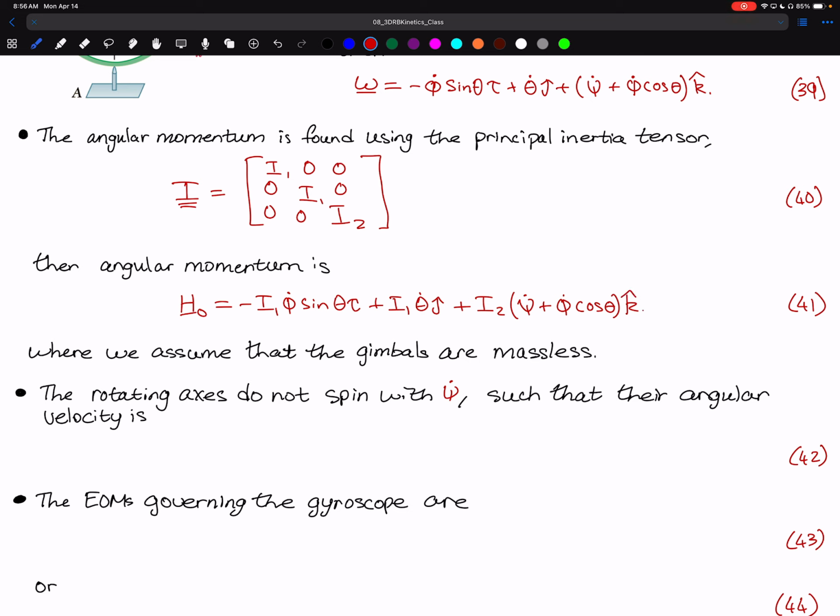And here we've assumed that our gimbals are massless, which in reality means their mass is so small we just neglect it. If we did not neglect them, then this becomes much more complicated, because we then have to account for their angular momentum as well.